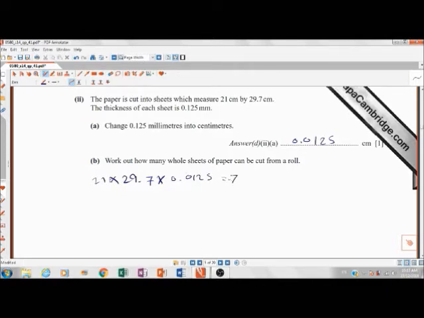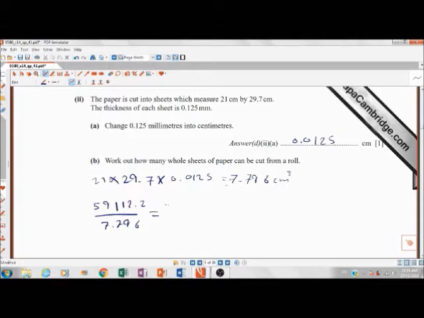That would give you 7.796 centimeter cube. So this is the volume of the paper itself. And the whole volume is 59,112.2 divided by 7.796.